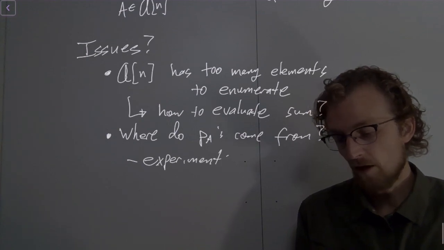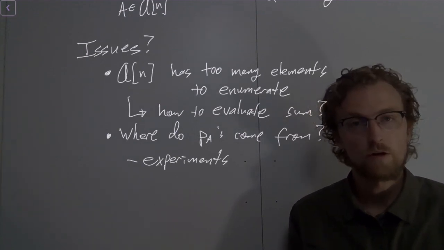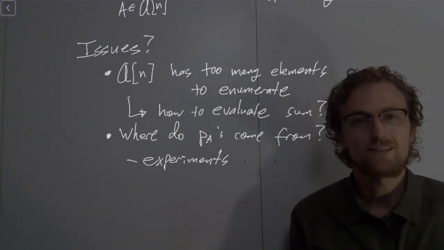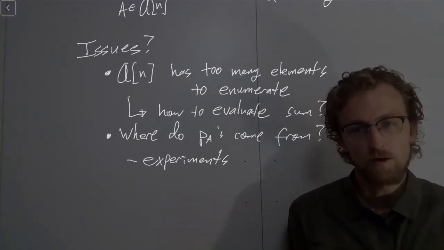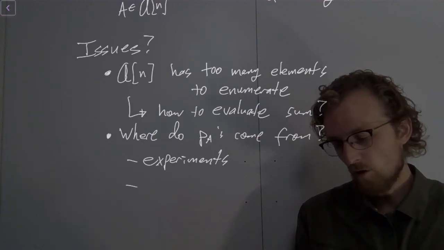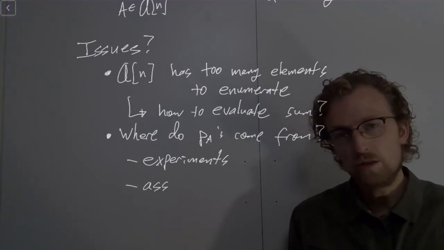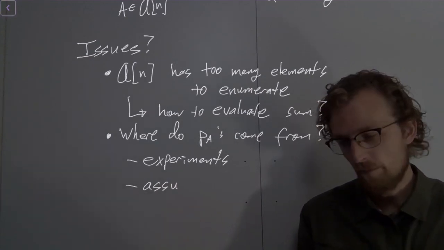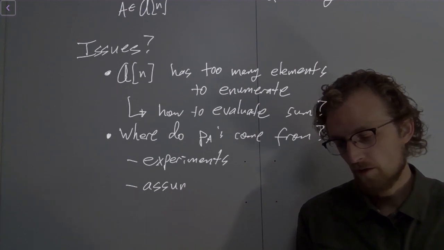This is completely appropriate as long as your random number generator has enough entropy. You can actually do experiments to determine this stuff, or you could pick some assumptions, do some analysis, evaluate the sum, and come up with some answers.